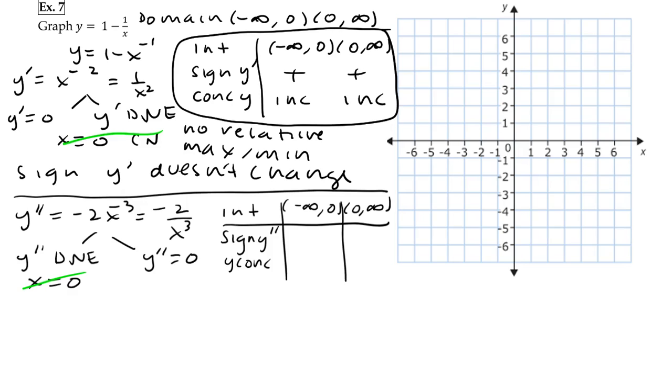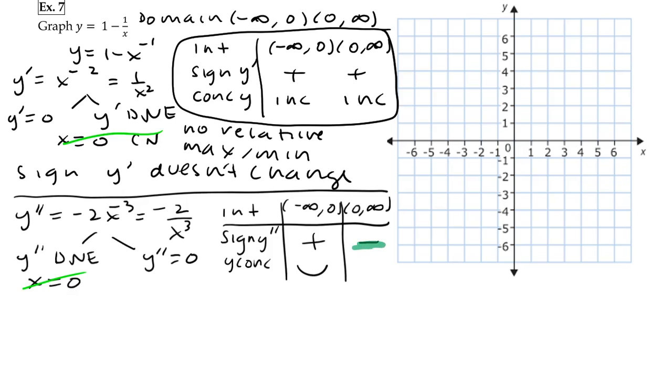We don't have something raised to an even power, so we're going to have to analyze this. If I throw a negative in, I'm going to get a negative times a negative, which is a positive. If I throw a positive in, I'm going to get a negative. So what does that mean if the second derivative is positive? Remember, positive, happy, up like a cup.